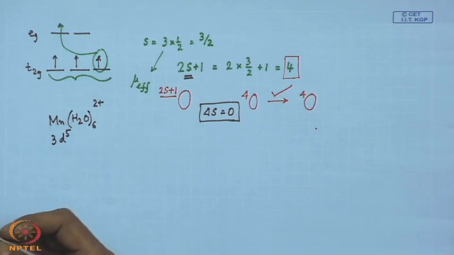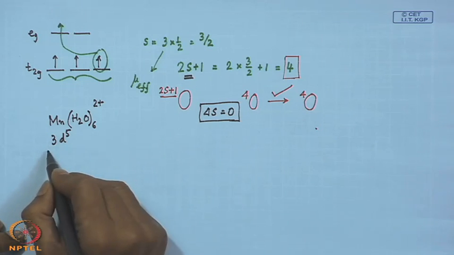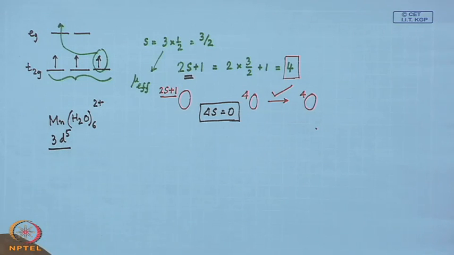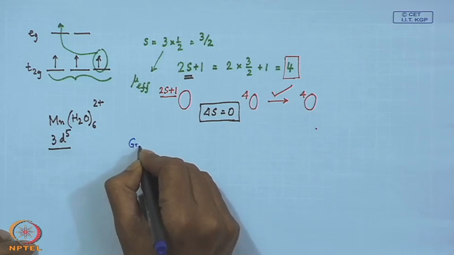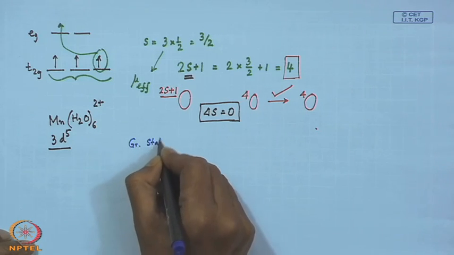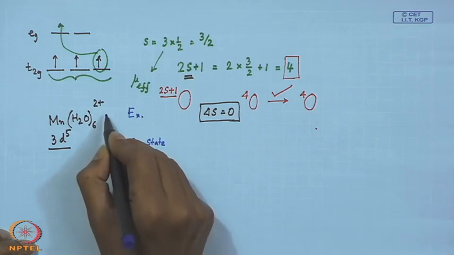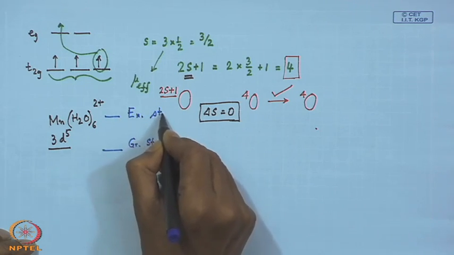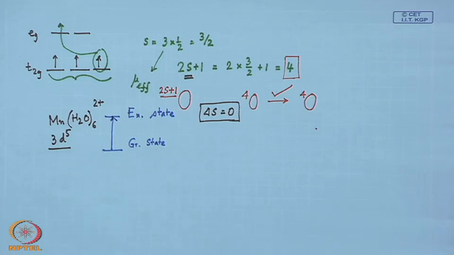So, if we have a transition of this type from one state to the other, it is a multi-electronic system, so we have the term symbol and the electronic state which is required for the transition. So, we have the ground electronic state to the excited electronic state and the corresponding transition.